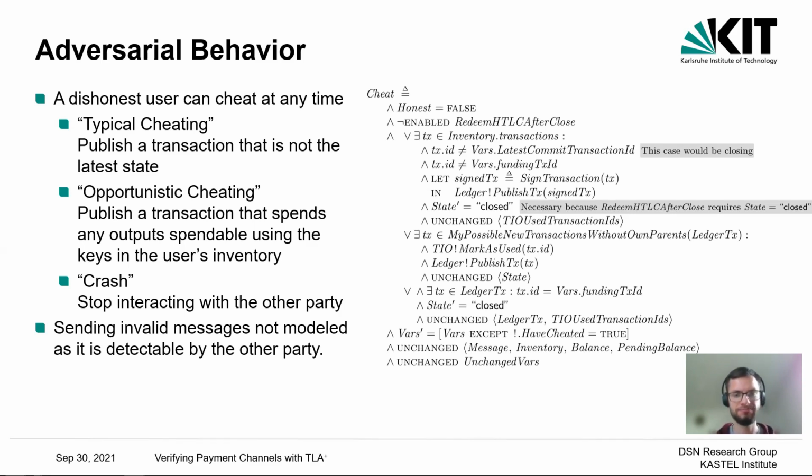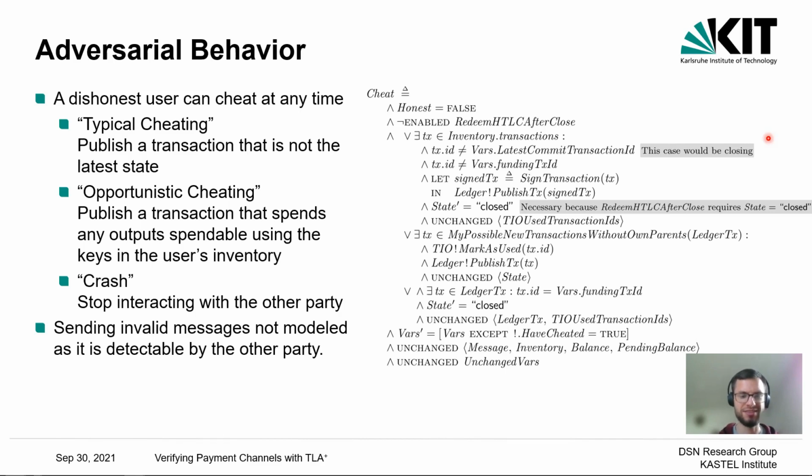First, there is this typical cheating that I've shown you in the beginning, which means that a user looks into the inventory of transactions that the user has and chooses a transaction that is not the latest commitment transaction and not the funding transaction that was used to fund the channel. And then the user signs this transaction and publishes it on the ledger.